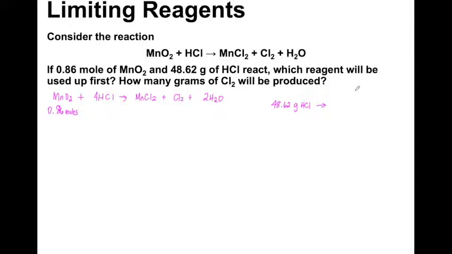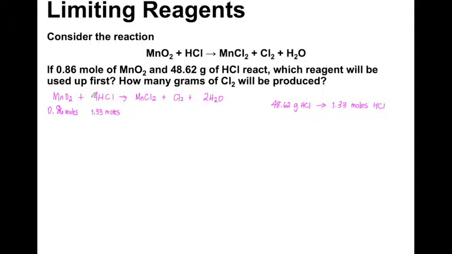This one is equivalent to 1.33 moles of HCl. So we have 1.33 moles. Our stoichiometric ratio is 1:4. So which do you think is the limiting reactant?